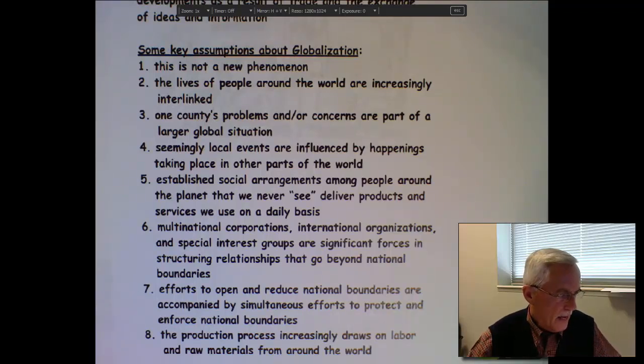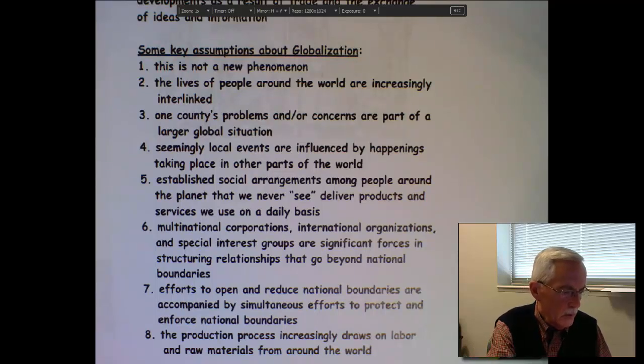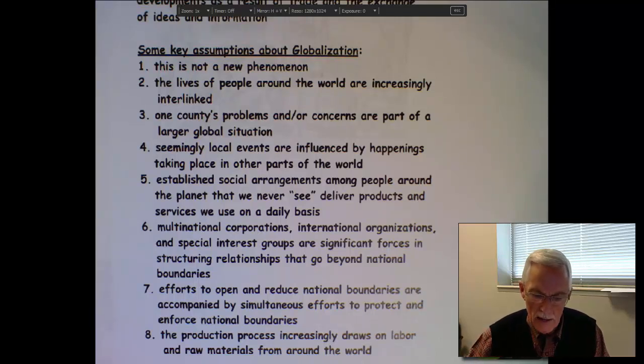This is enhanced in part by some remarkable developments when it comes to inexpensive international travel as well as communication. And certainly I think most of you recognize the implications of all of that. In addition, one country's problems or concerns are really part of a much larger global situation.